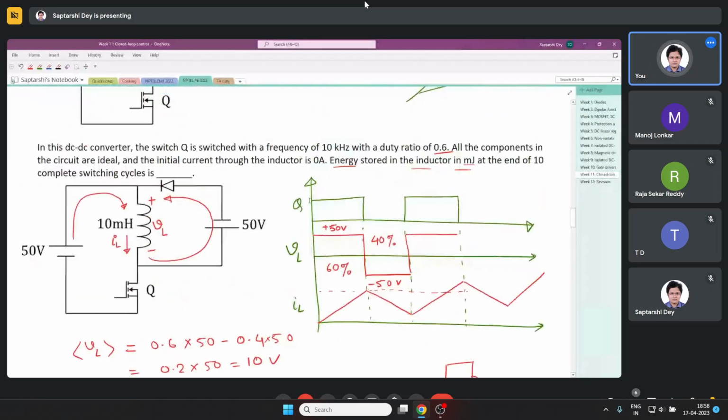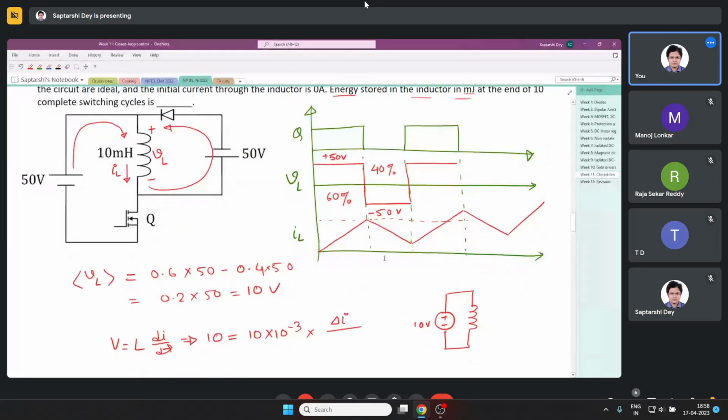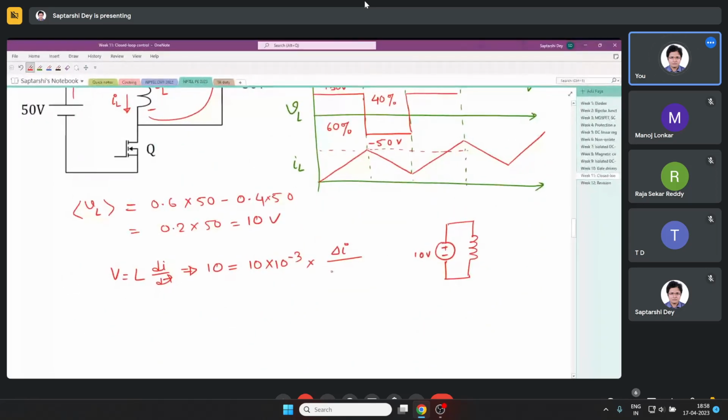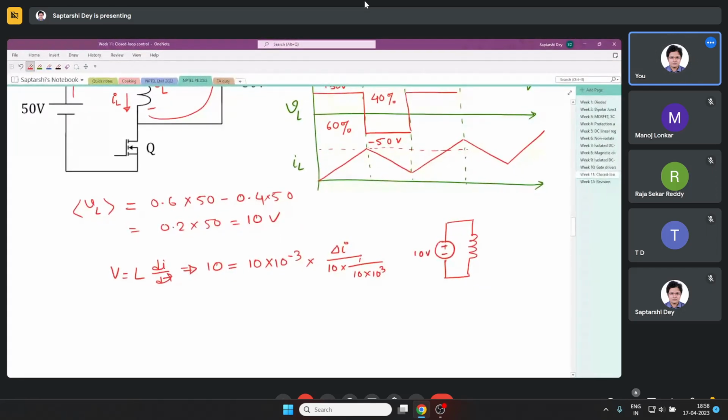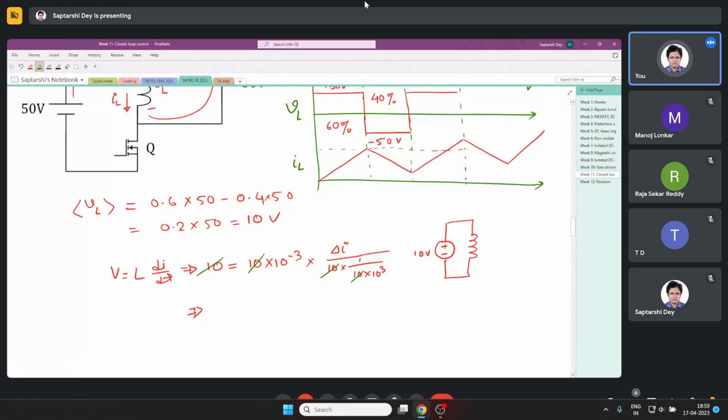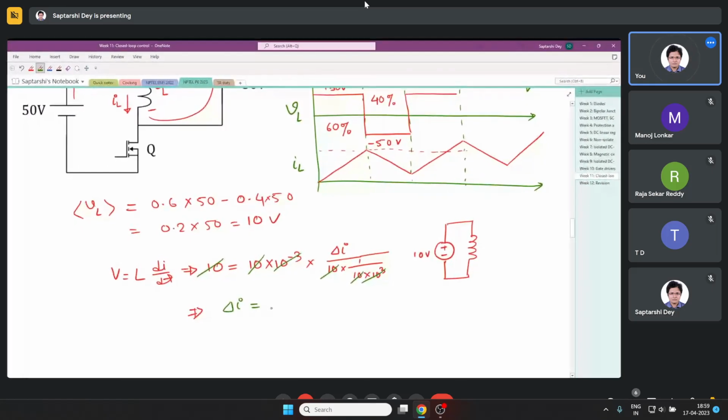Delta t is the total of 10 cycles, so at 10 kilohertz, 10 into 1 by 10 kilohertz. So this 10 gets cancelled out, this 10 to the power 3 comes here, and this also gets cancelled out. So all I have is delta I equals 1 ampere.